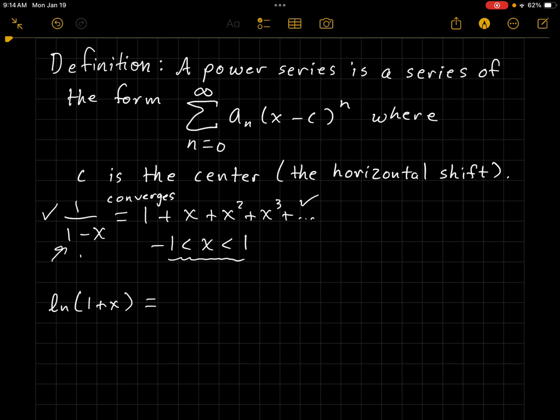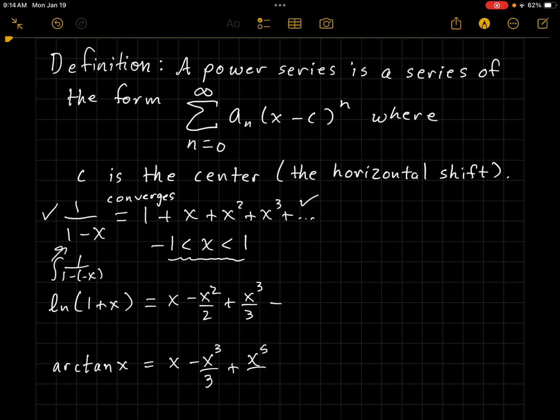It was really 1 over 1 minus negative x integrated, which gave us x minus x squared over 2 plus x cubed over 3, etc. And then arctan was a similar manipulation. And we found that arctan was x minus x cubed over 3 plus x to the 5th over 5, etc.